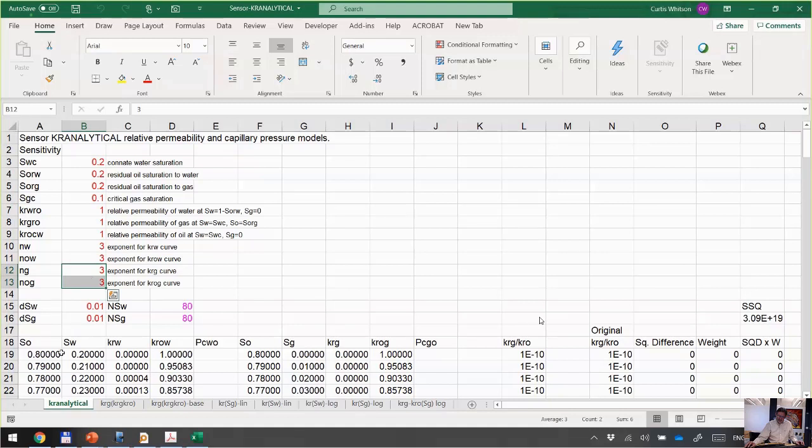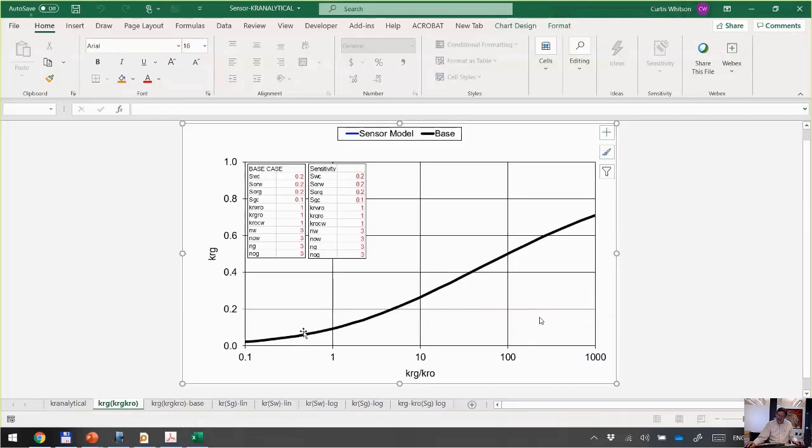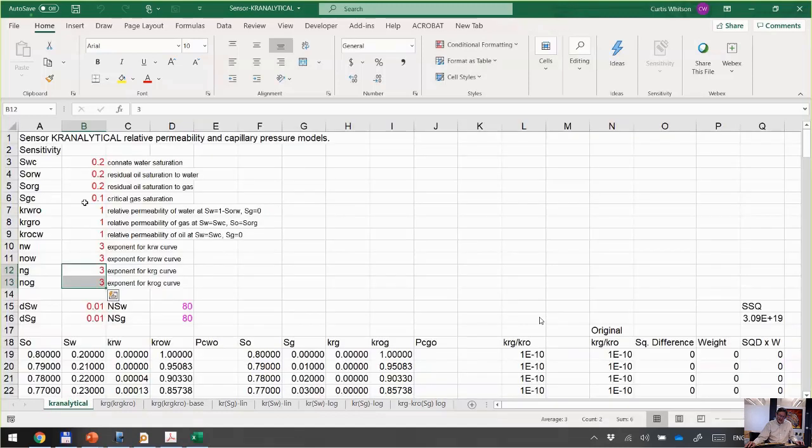And with that, we get the base KRG, KRO, given as a big, thick black line. These base case numbers are fixed. Now I can go in and change the endpoint saturations or any of the exponents, whatever you like, and you'll be able to do this yourself.